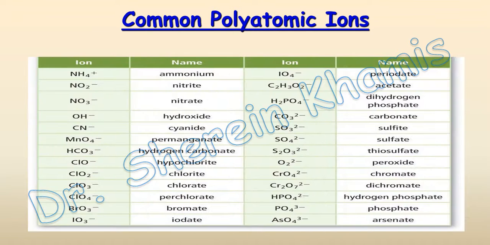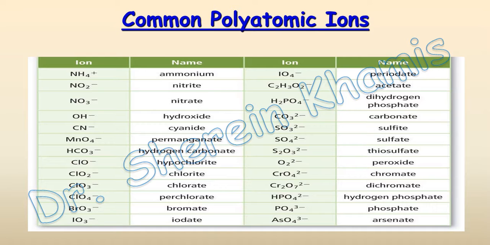Also, we have here common polyatomic ions. Some of them we have taken before, like ammonium NH4 plus. All of them take the radical negative, except ammonium, which takes the radical positive.